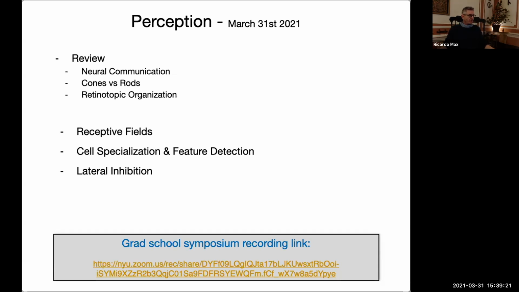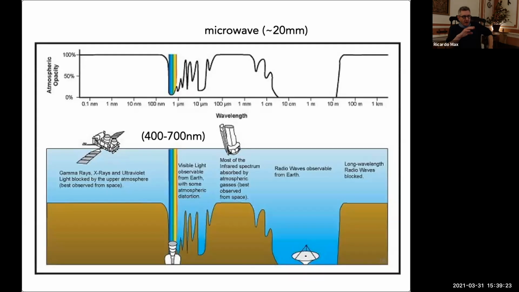All right, so we talked about light, which are electromagnetic waves that we interpret inside our system that leads to our perception, which is only a very specific indirect interpretation of the physical world that reaches us.